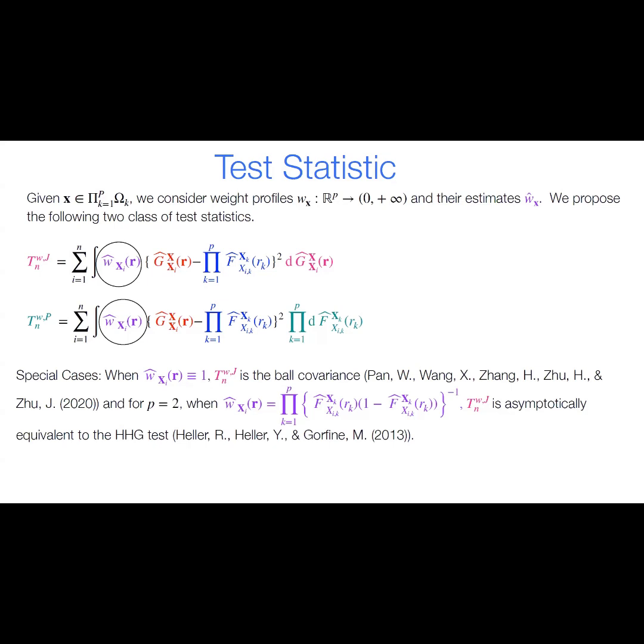And when we have Anderson-Darling-like weights, this corresponds to the HHG test. So both have been explored previously in Euclidean cases. But what we are going to do is take this whole class of test statistics and try to be very general and make them applicable to general metric spaces.